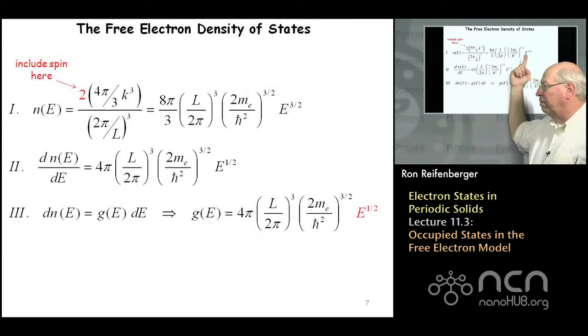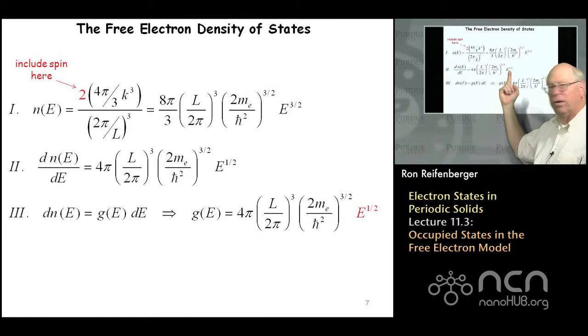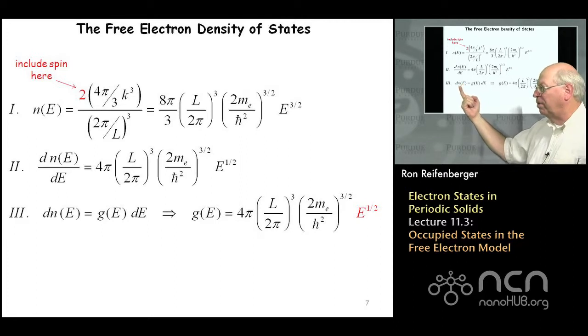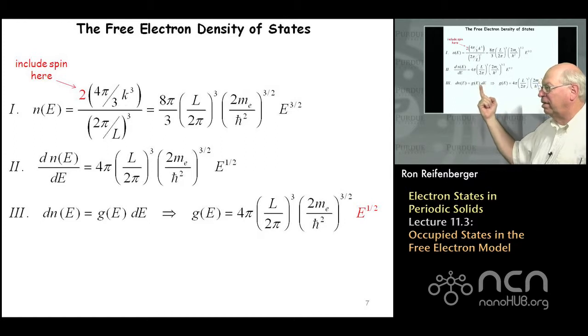When we take the derivative, the E to the 3/2 becomes an E to the square root dependence. And then we can identify the relationship between the number of electrons at energy E and an energy interval delta E, right? The proportionality constant between these two quantities is just our density of states, G of E.